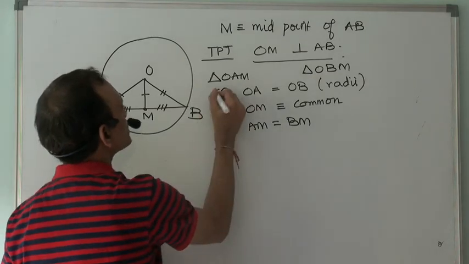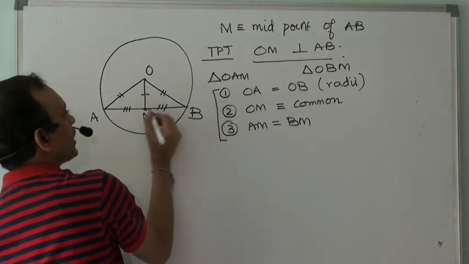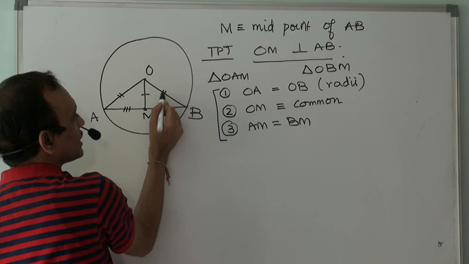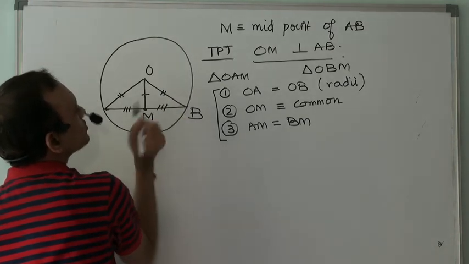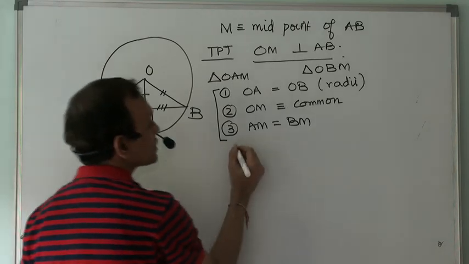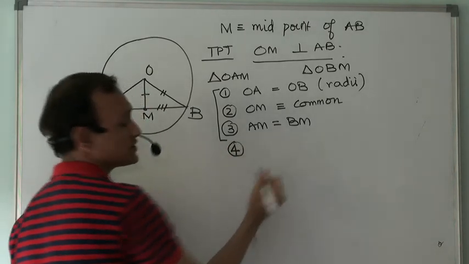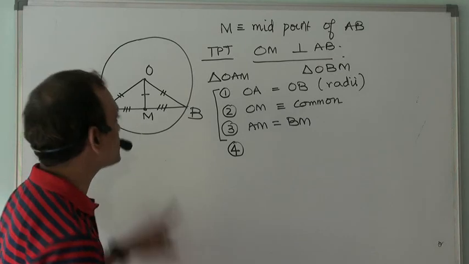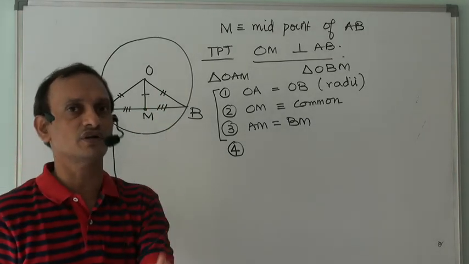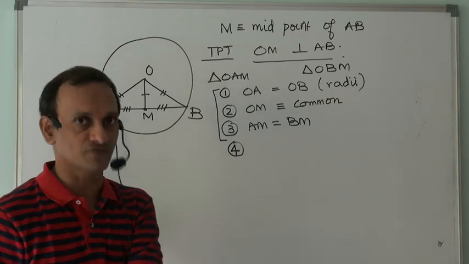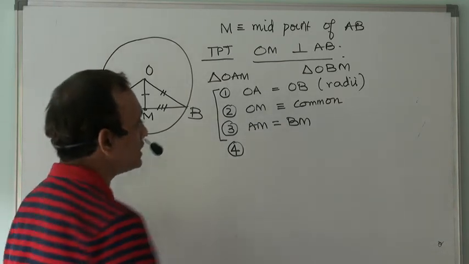Now, if these three conditions are met, then in these two triangles, AM equals BM, and OM is common to the two triangles, which means the two triangles must be congruent. What's the rule of congruency that applies here? The SSS condition for congruency. If the three sides of one triangle be equal to three sides of the other triangle, then the two triangles ought to be congruent.